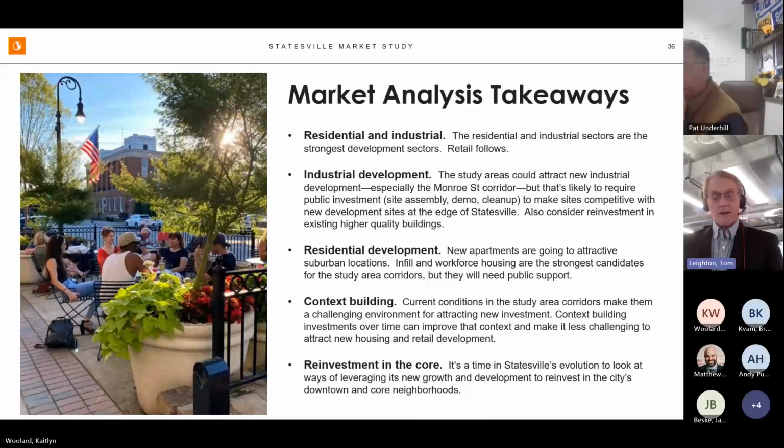Big picture observation about the existing context: in its current condition, it's not a highly attractive location for housing development to come in. And one of the ways we think about that for redevelopment is intentionally taking steps to build that context.